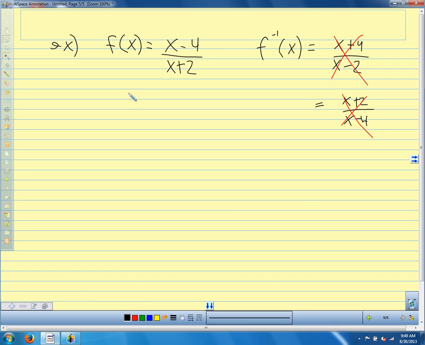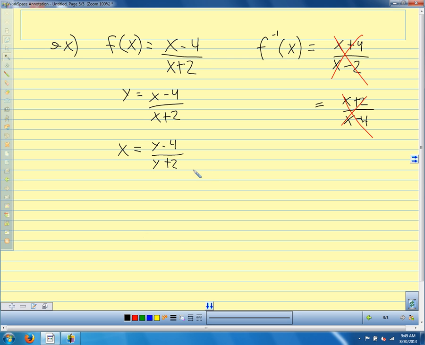So I'm going to write y equals x minus 4 over x plus 2. Switch the x's and y's. So I have to switch every x and every y. So I get x equals y minus 4 over y plus 2. Sorry, y. Just broke my own rule. Now, how am I going to go about solving this? What do I have to do?